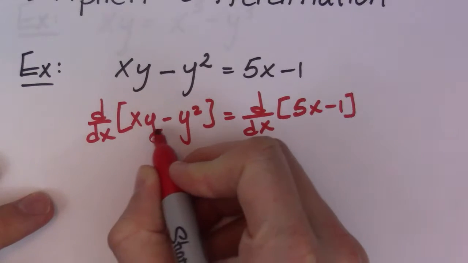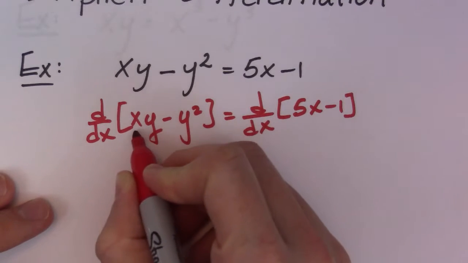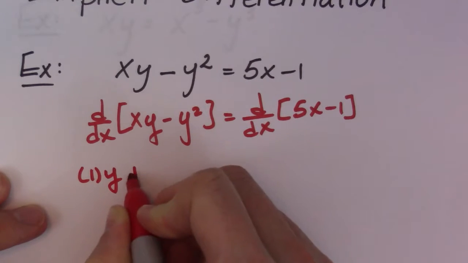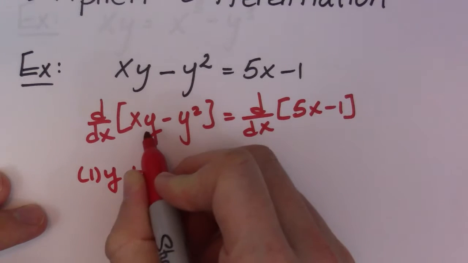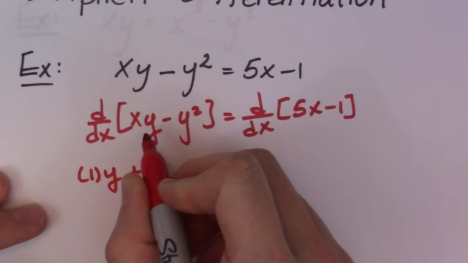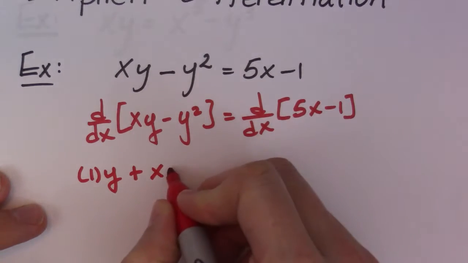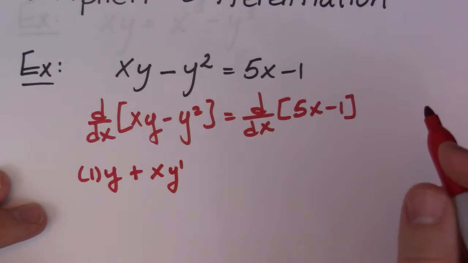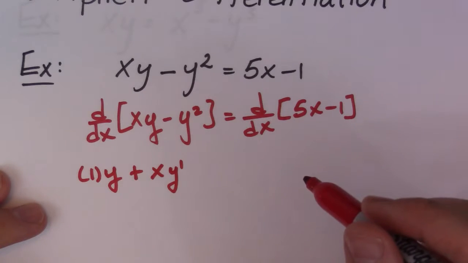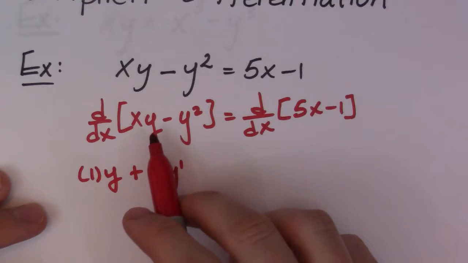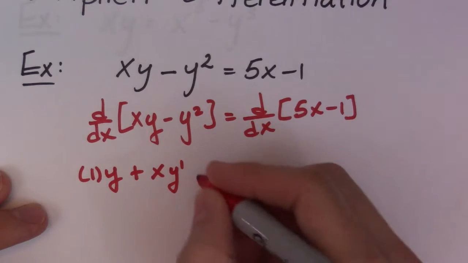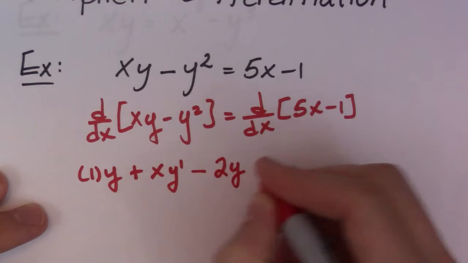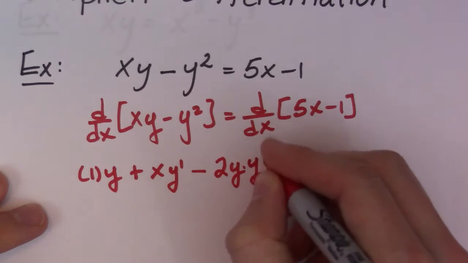We take the derivative of x times y, so that's the product rule: the derivative of x is 1 times y, plus x times the derivative of y. The derivative of y, just like in every other derivative you've done, is y prime. Like when you take the derivative of y equals x squared, that becomes y prime equals 2x. It's the exact same scenario. Minus, now the derivative of y squared is 2y times y prime.